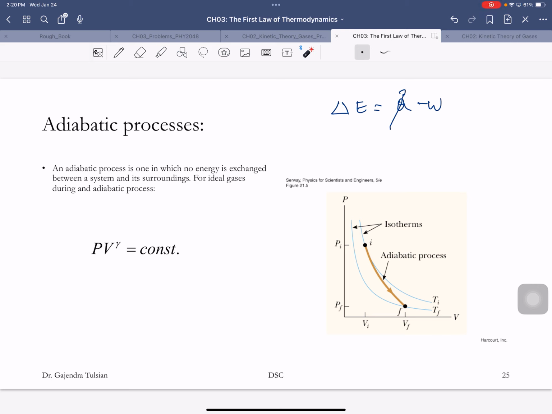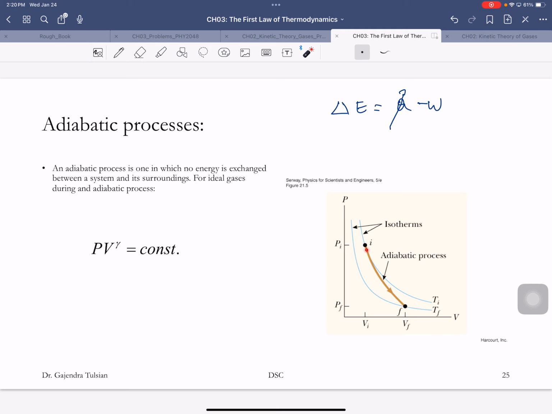Okay, and what this statement is saying is the following. This is a very powerful statement. What is this equation telling you guys?